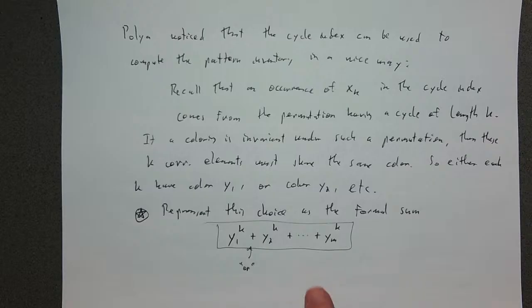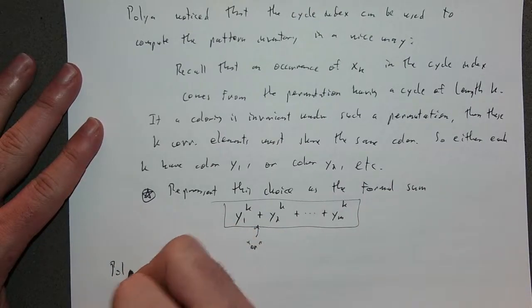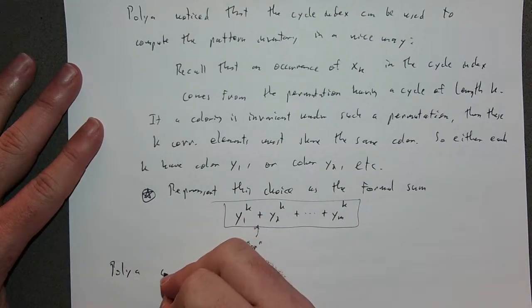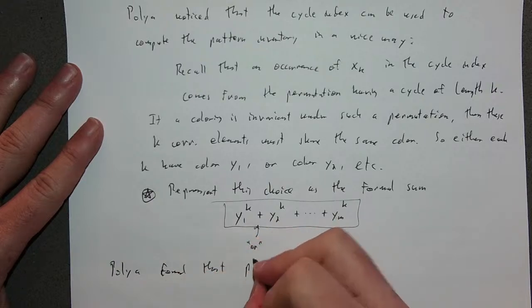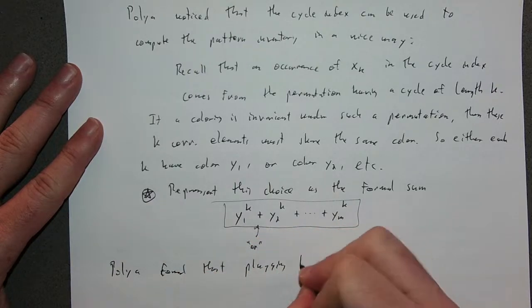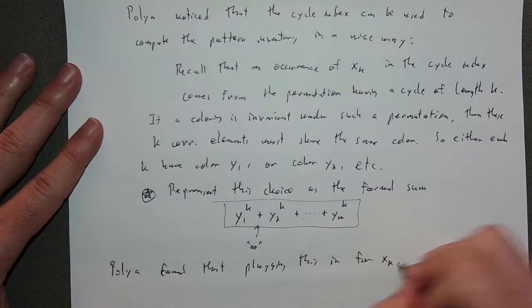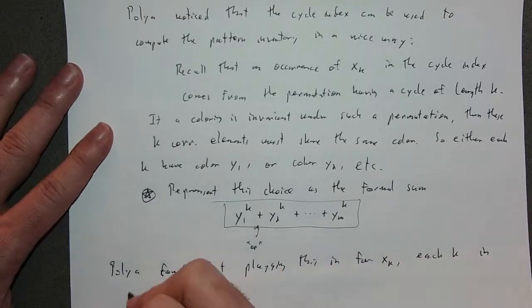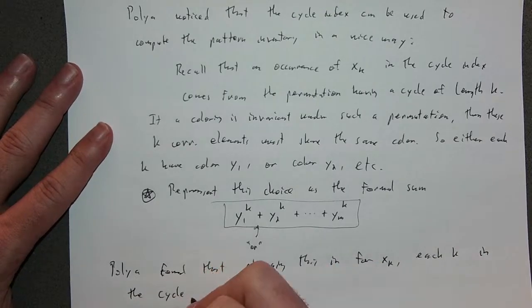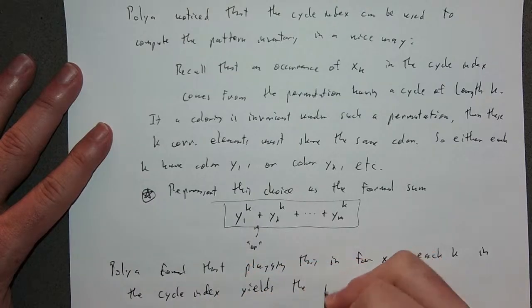What if you substitute this expression for x sub k for each k in the cycle index? So Polya found that plugging this in for x sub k for each k in the cycle index yields the pattern inventory.